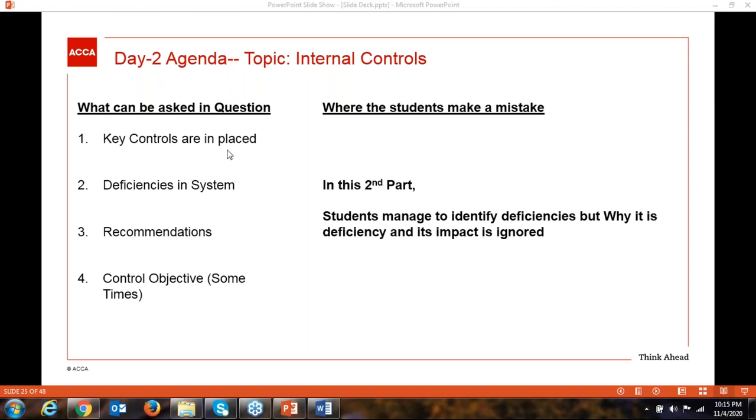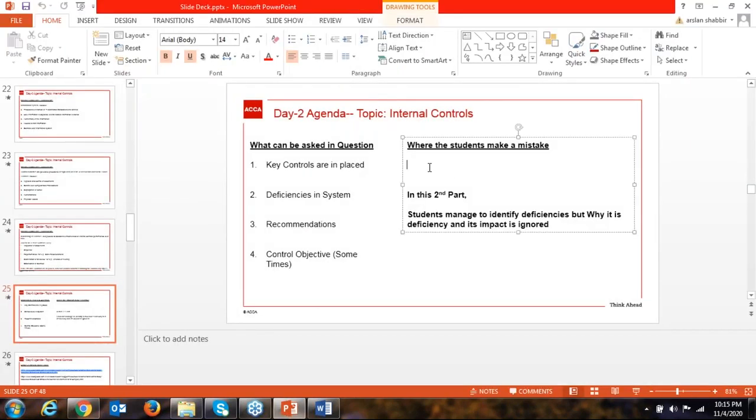So here the students make a big mistake: students easily identify the key controls which are placed in the case, but do not identify why it is a key control, or you can say the advantage.